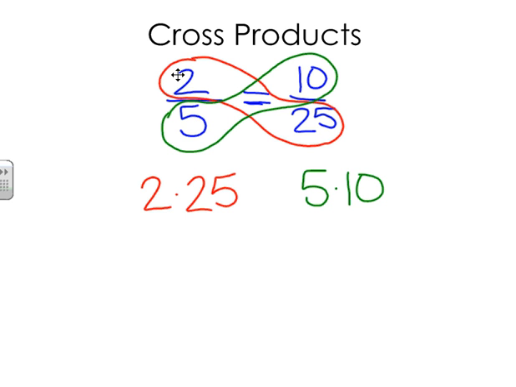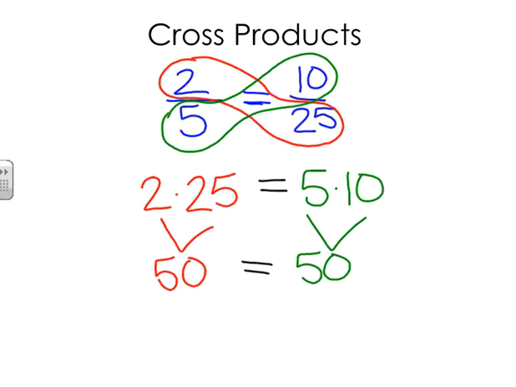And if you have two ratios that are proportional, then their cross products will be equal. So we can set up a new equation that shows those two are equal. Now let's just make sure 2 times 25 is 50, and 5 times 10 is also 50. 50 equals 50, so I can be confident that 2/5 and 10/25 do form a proportion.